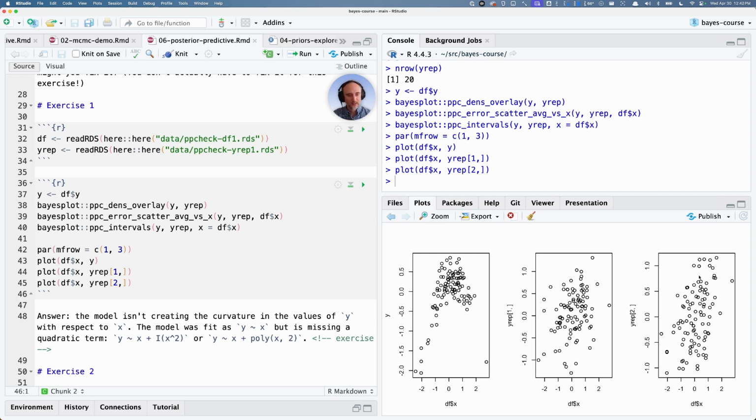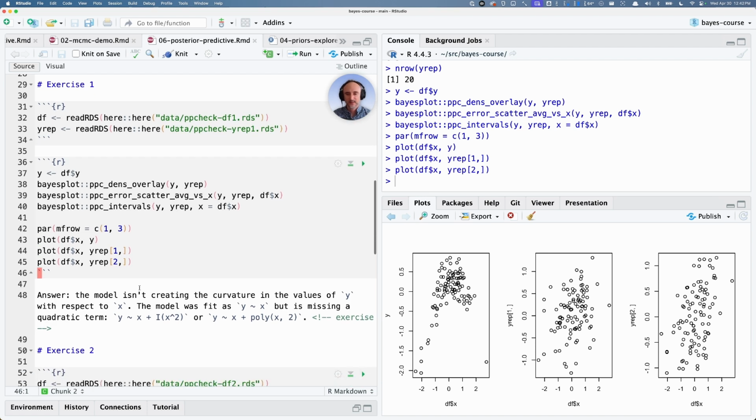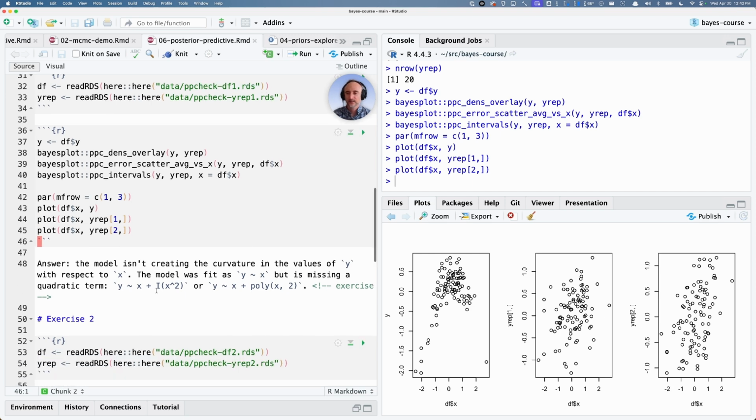And so our simulated data is following a linear line with more observation error to try and fit these data, and our observations have this curvature. So we fit a linear model to a response that has a curved shape to it with respect to x. And we can see that by looking at our simulated data.